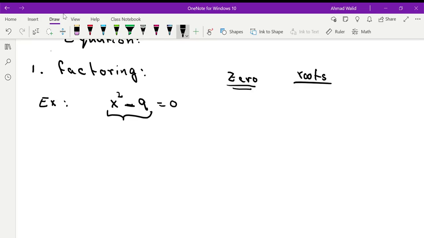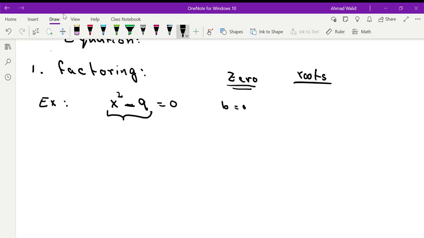If you are not good in factoring, I'll explain to you how to factor and how to know which type of factoring this is. If you have two terms, x squared, it means a and c, and your b is equal 0, and a and c are perfect squares.